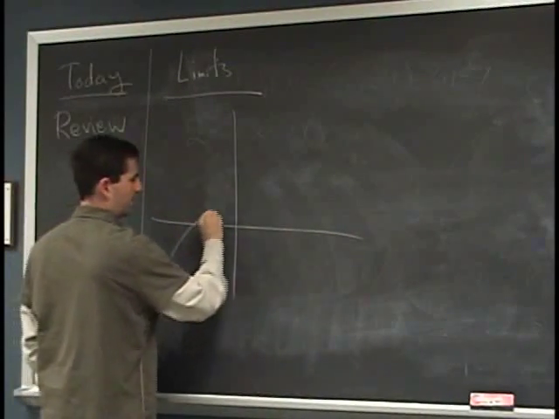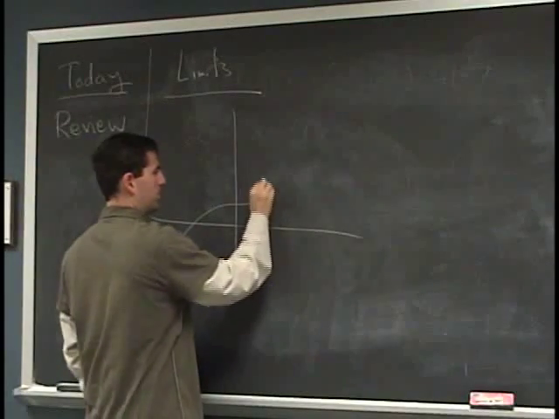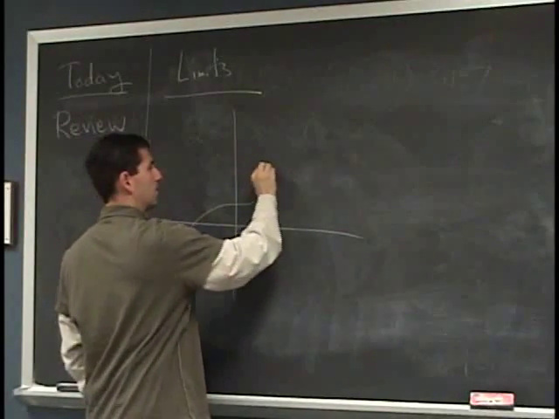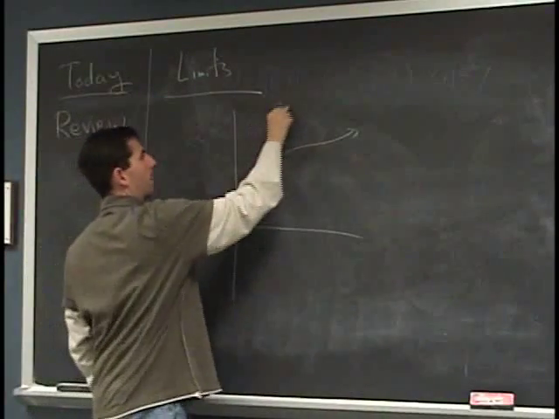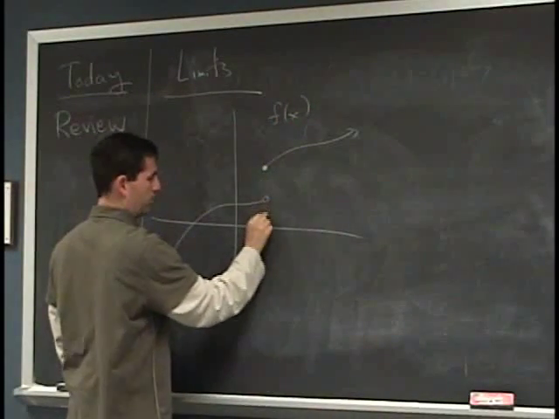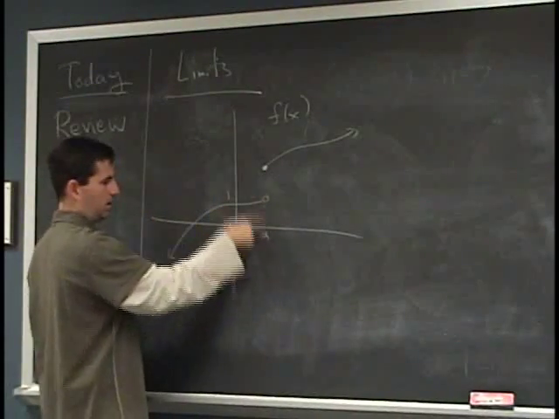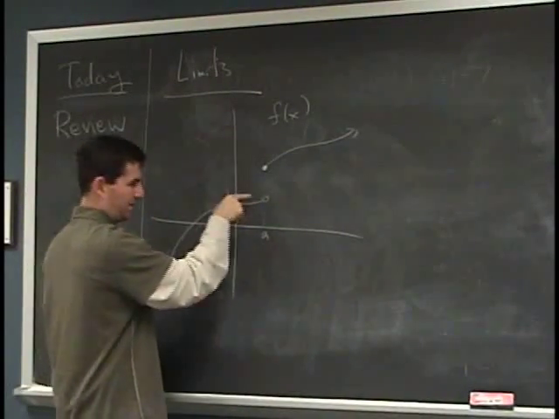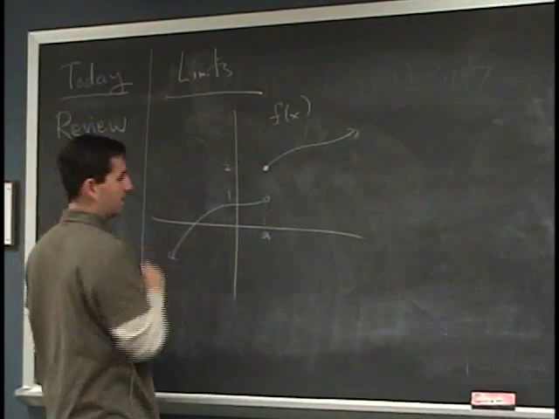So, for instance, you might have some function proceeding along nicely, and then, oops, it jumps up. Say that oops occurs at some point A, and say the value that this function should have taken on A was 1, and the value that the function actually takes on is 2.